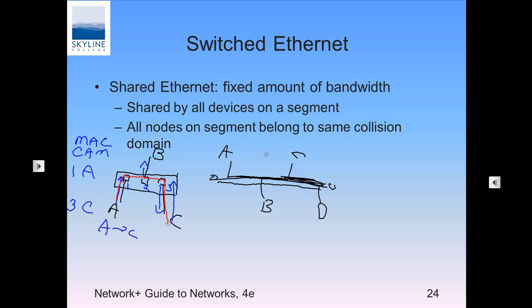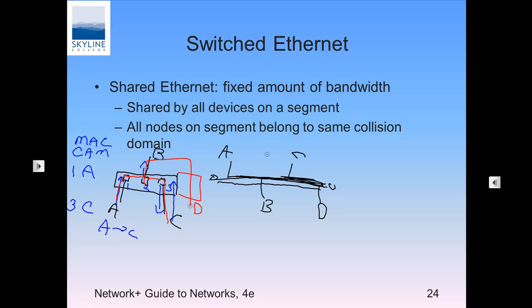So the switch learns where everything is, and then when the traffic comes out from A to C, it says, oh, I know where C is, it just sends it out that port. That's why whenever you put a protocol analyzer, nice name for sniffer, on computer A here, all it sees is traffic to it.